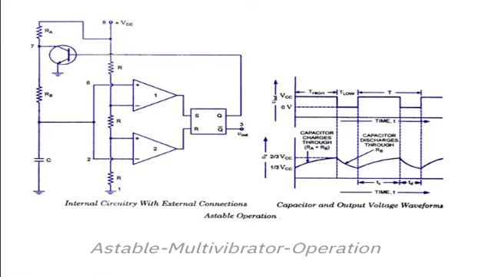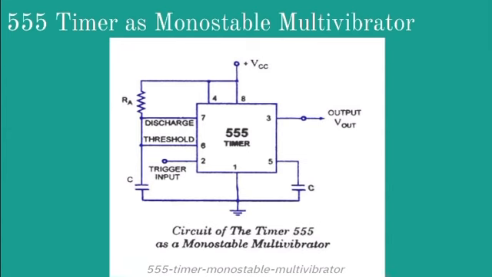And now let us discuss the next topic, that means the next application of the 555 timer, which is the monostable multivibrator. This monostable multivibrator is also called a one-shot multivibrator, a pulse generator circuit in which the duration of the pulse is determined by the RC network connected externally to this 555 timer.